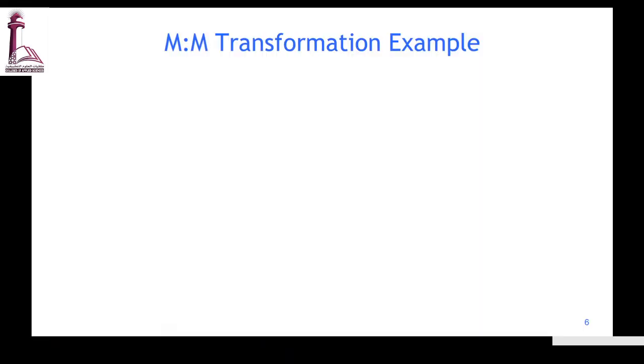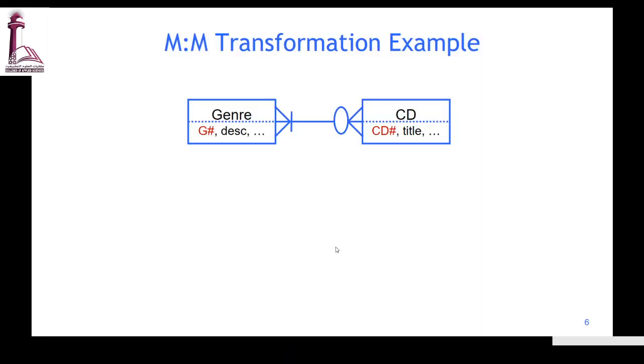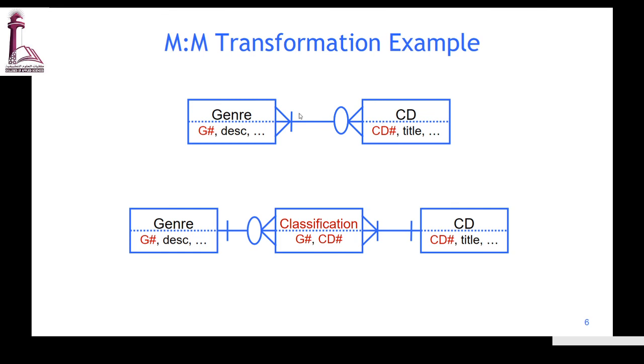So we will see a small example for this transformation. Here you have two relations, and what is the relationship between these two? Many-to-many relationship. How to convert this many-to-many relationship? For this you have to introduce an associative entity, classification. So here the associative entity is classification. And how do you convert? This many should come here and this many should come here.